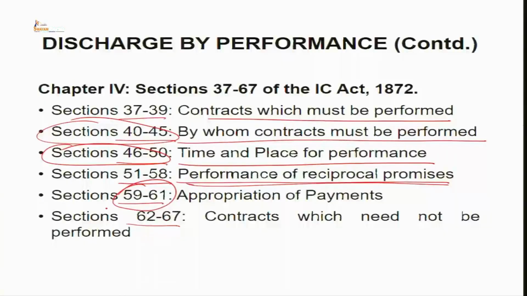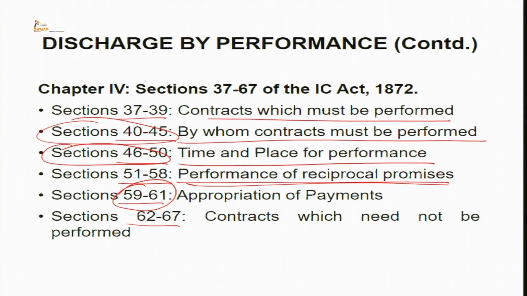So, as per the contract, the order of performance is firstly I will have to deliver the goods to you, thereafter you will make the requisite payment to me. It cannot be vice versa. So, unless and until I have performed my part of the promise, you would not be in a position to perform your part.